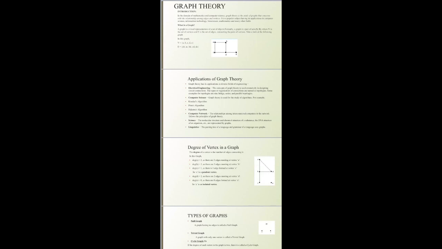Now the exact definition of a graph. A graph is a visual representation of a set of objects. Formally, a graph is a pair of sets (V, E), where V represents vertices and E represents edges connecting pairs of vertices.